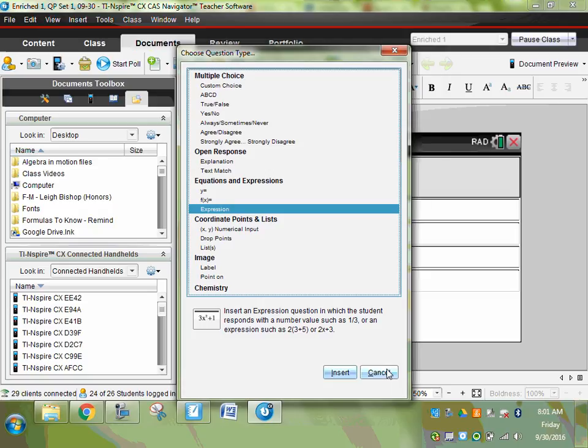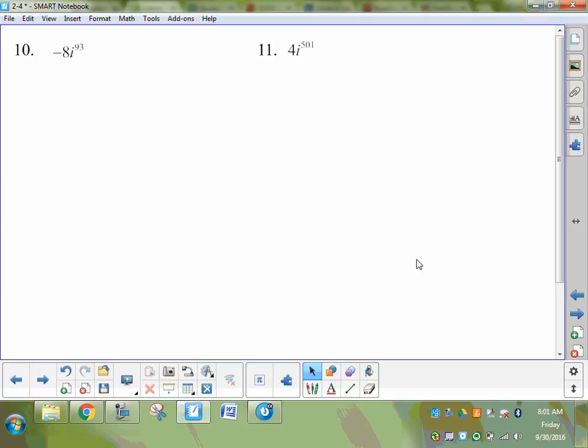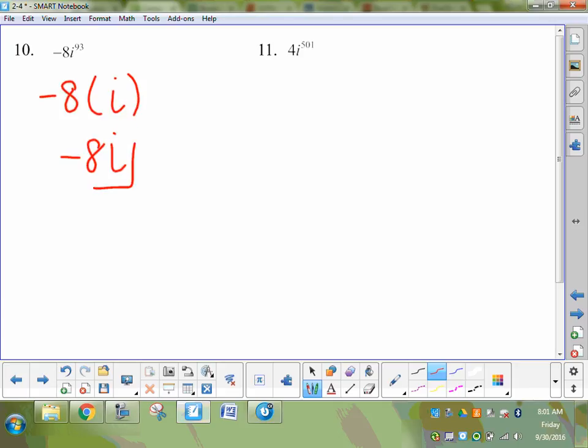What did we get i to the 93rd to be the same as? Hands up, please, if you can tell me what i to the 93rd is the same as, Jason? Negative 8i. This comes out to be an i, so this would be negative 8i.